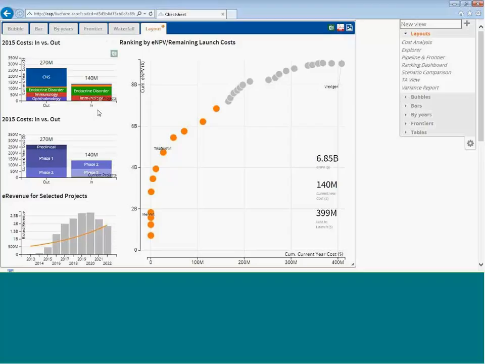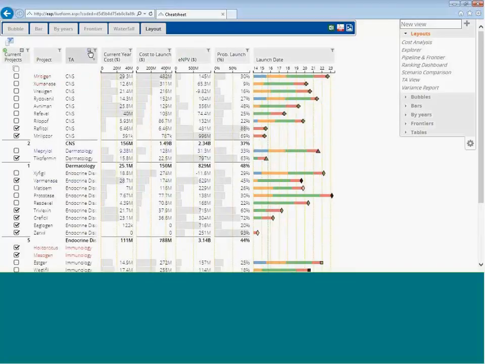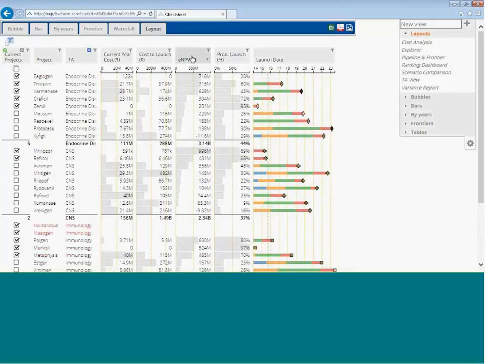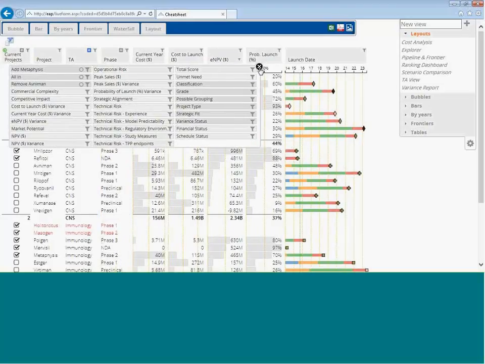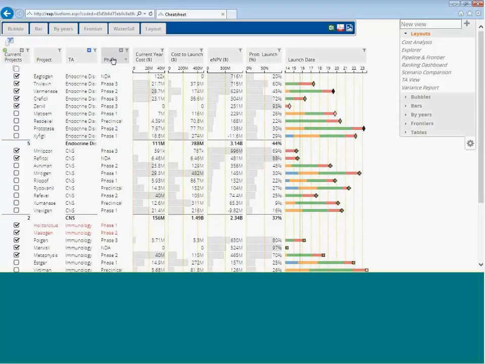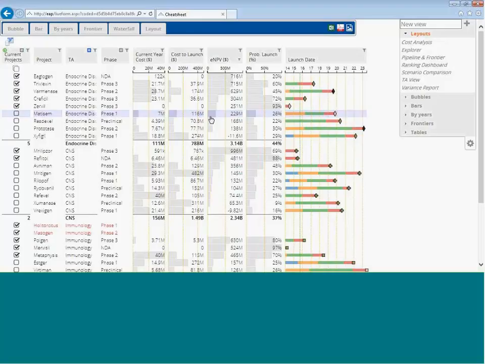And so really what's necessary here is to begin thinking about across the portfolio for each of these therapeutic areas, what are the highest value programs, and let's think about balancing that with phase. So let's bring the phase in here and start to look at phase and NPV and find the highest projects with respect to their phases, and now begin to more judiciously bring that balance back in.